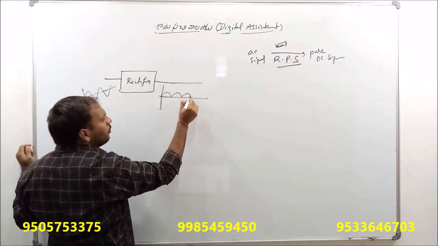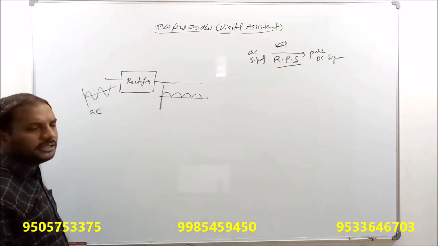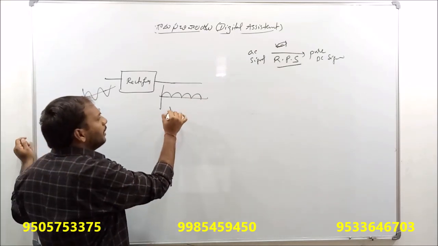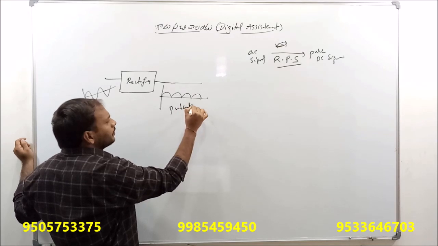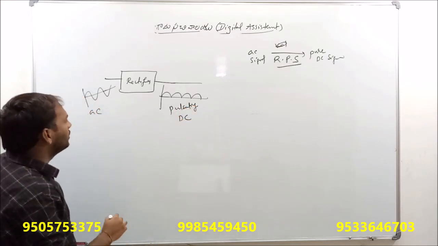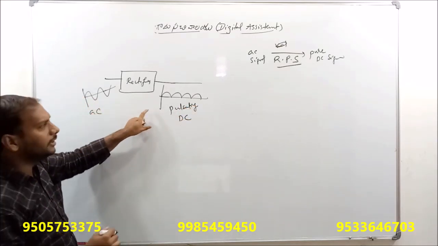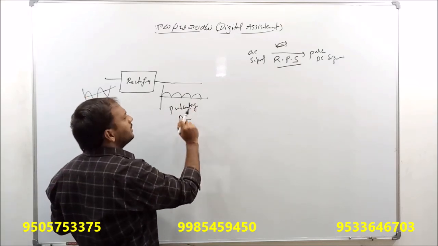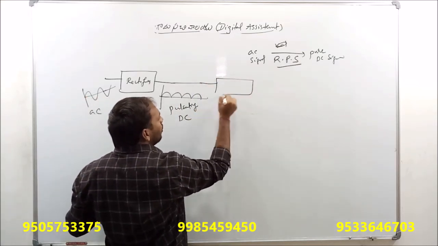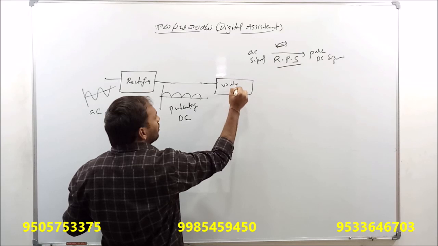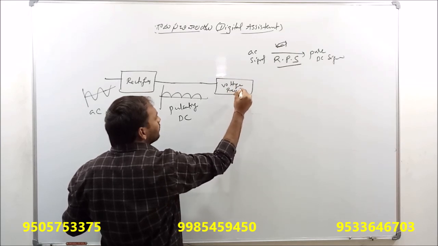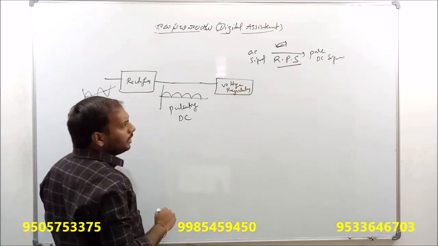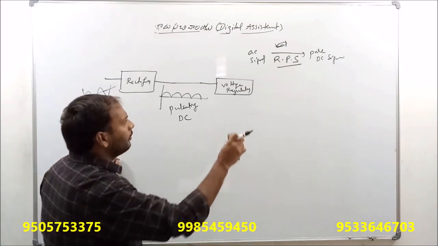Pulsating DC means you have only positive peaks. All the peaks are converted to positive. That is pulsating DC. This is AC, pulsating DC. Once again, this pulsating DC will be given to the filter.